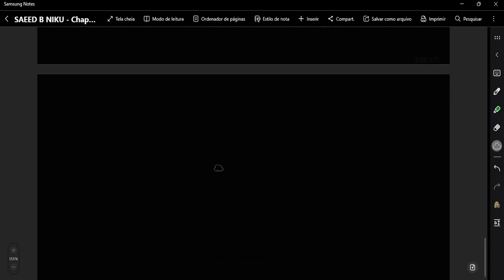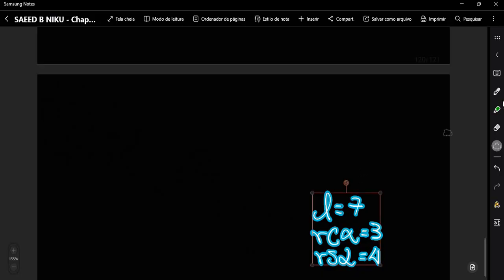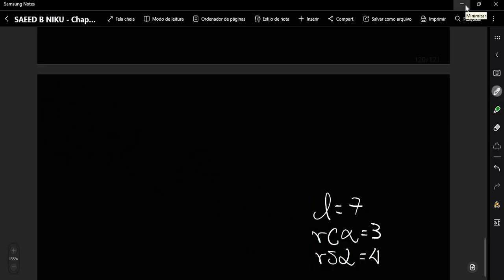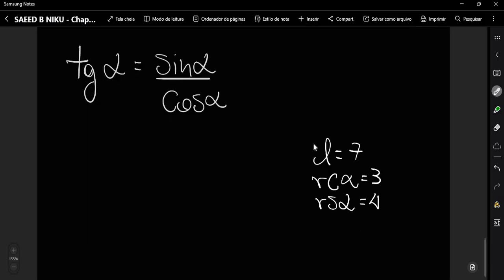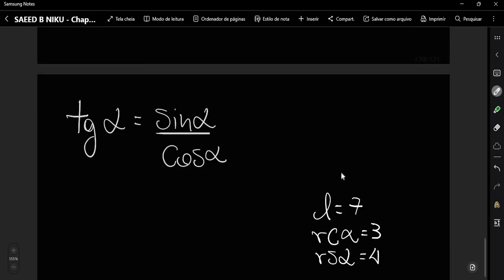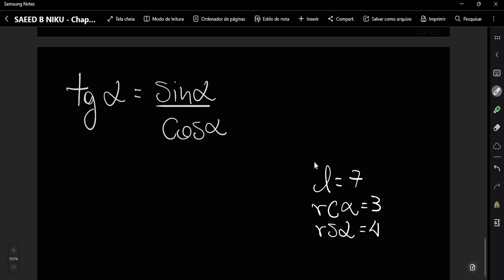And also, we have to remember from trigonometry this relation: tangent of alpha is equal to sine of alpha divided by cosine of alpha. And let's use this relation. It has to be very simple.